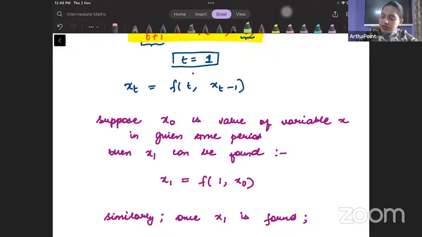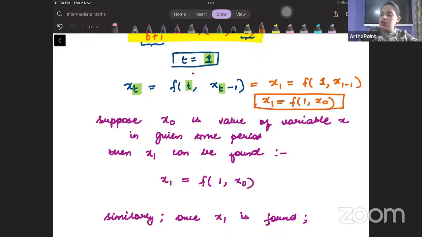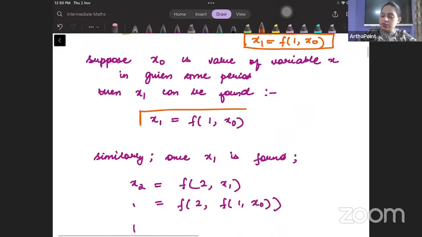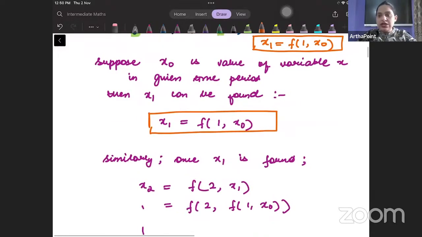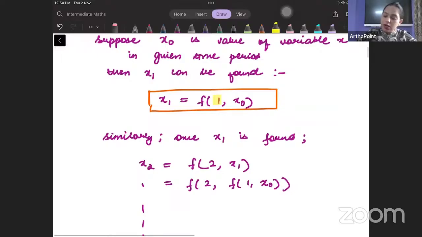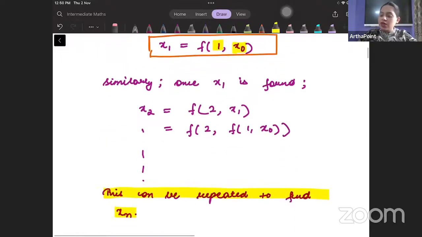So when I put t as 1 here, here and here, what will I get? x1 is a function of 1, x1 minus 1. x1 is a function of 1, x0. This is what I have got here. Is this clear? So I am saying x1 is a function of time period 1 and its previous value.